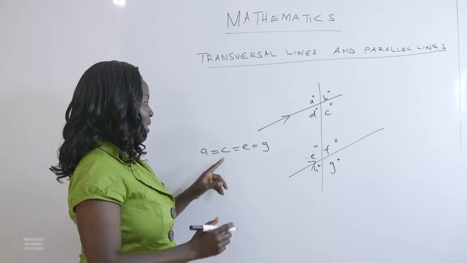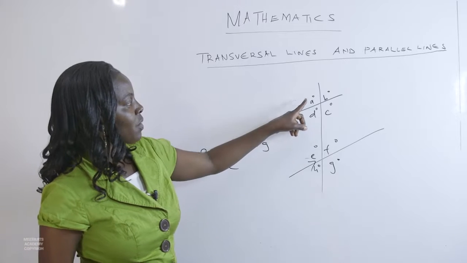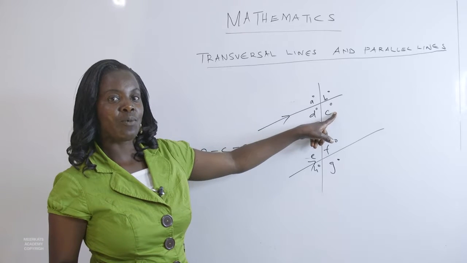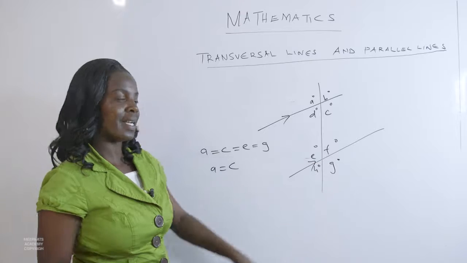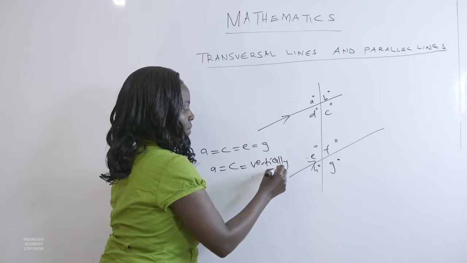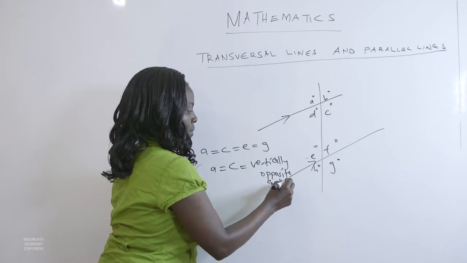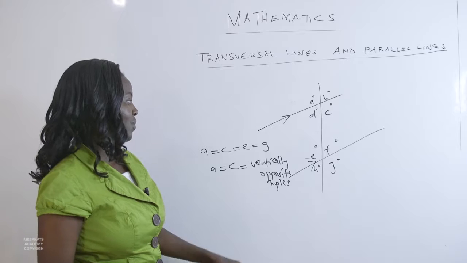Let's start with angle A being equal to angle C. Angle A and angle C are equal because they are vertically opposite angles.